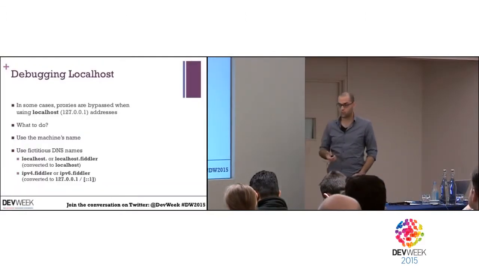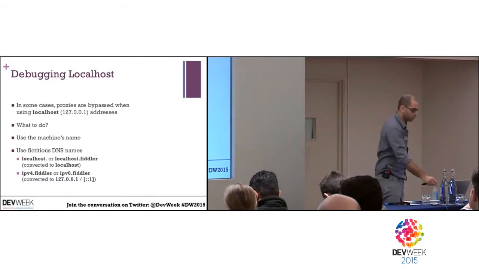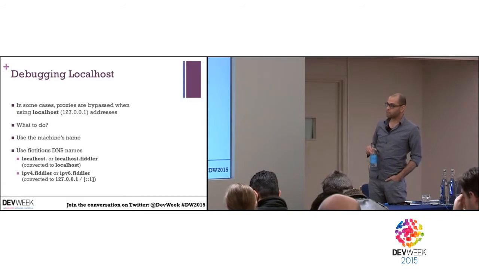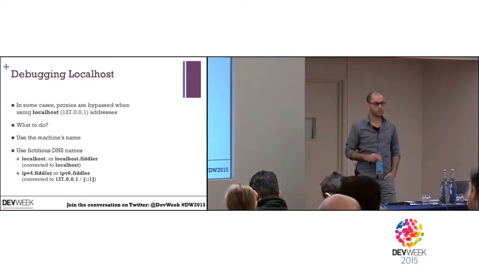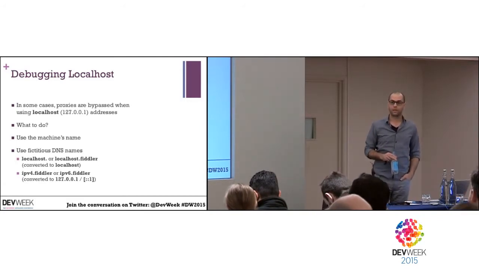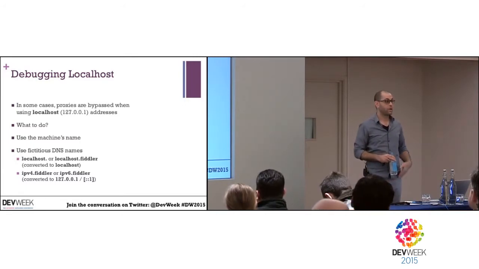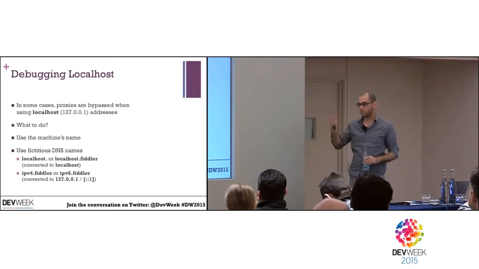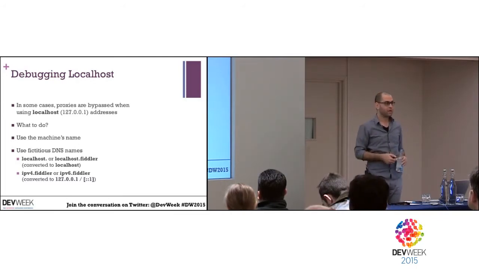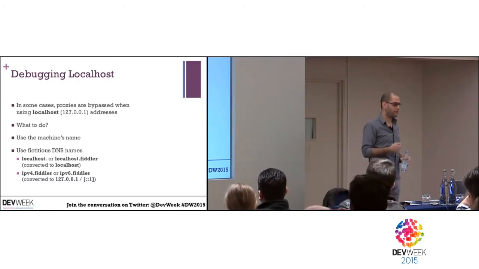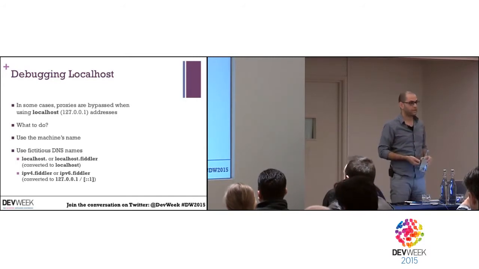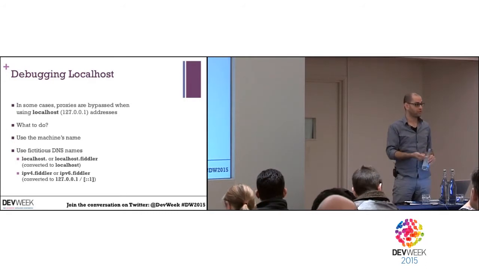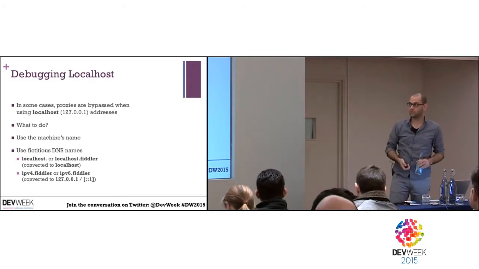Another issue that we have in Fiddler, it's not an issue anymore, but it was an issue a lot of years ago, is debugging localhost communication. How many people had issues debugging localhost communication? It's mainly when we used Fiddler back in 2010, 2011. At some point, Microsoft had a fix in Windows that allows Fiddler to hook up even when we call localhost addresses, 127.0.0.1.